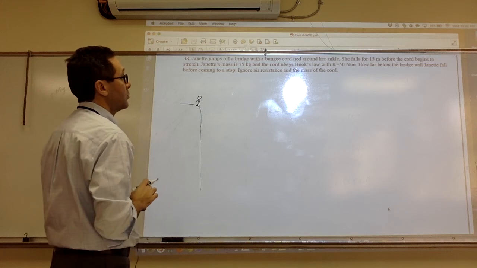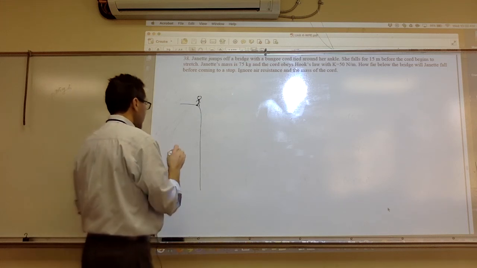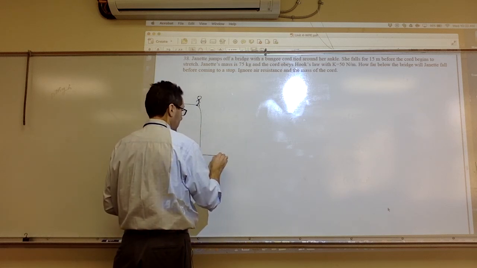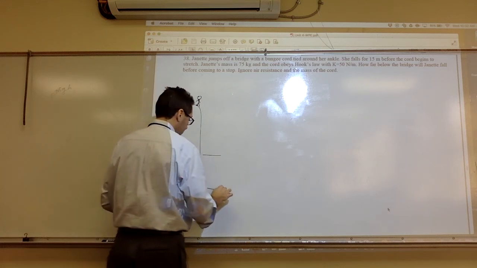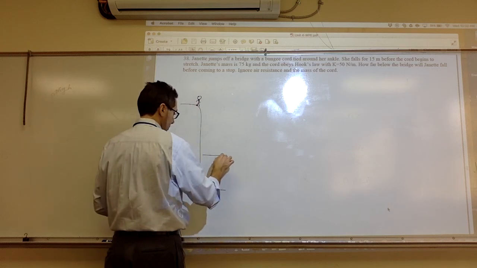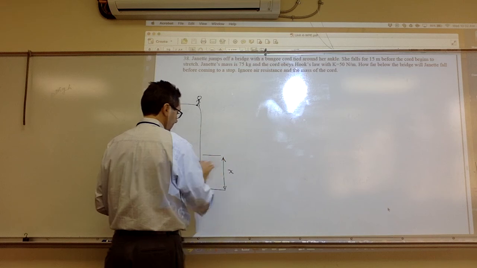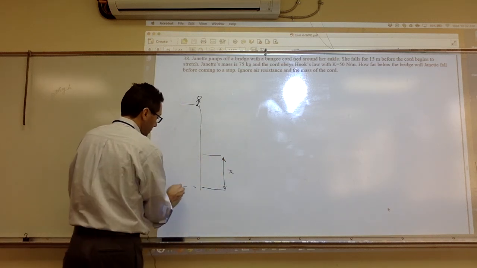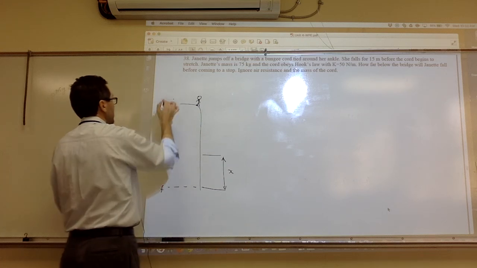How far below the bridge will Janet fall before coming to a stop? So we're going to look at this two ways. When she's here, that's when the cord starts to stretch. And when she's down here, the cord stretches an amount x. So I'm going to look at this lowest point as my final state, and this point here as my initial.